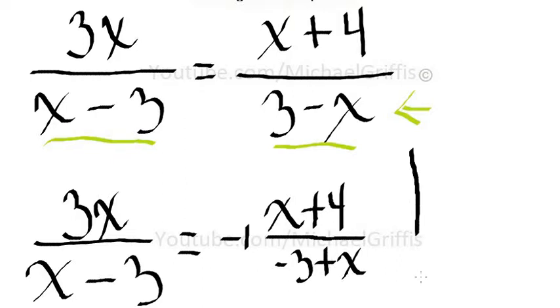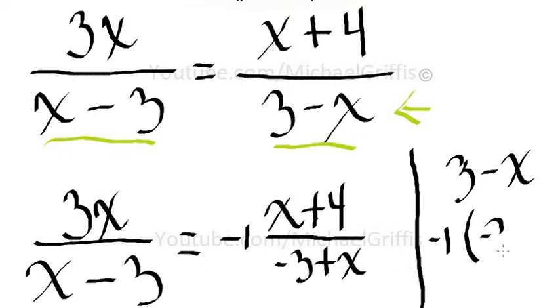Let's do a little side work over here so you know what I'm talking about. We have 3 minus x, but if I factored out a -1, we have -3 plus x.